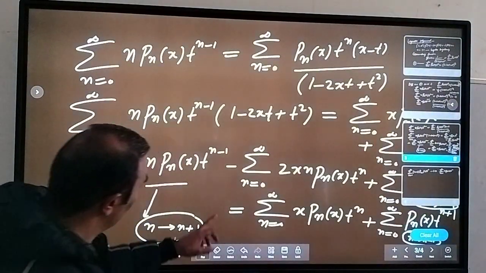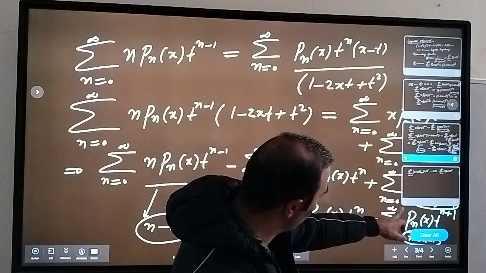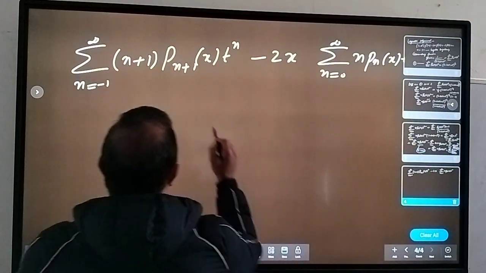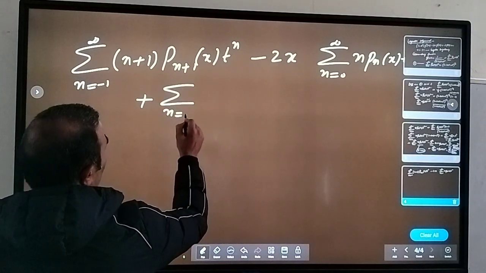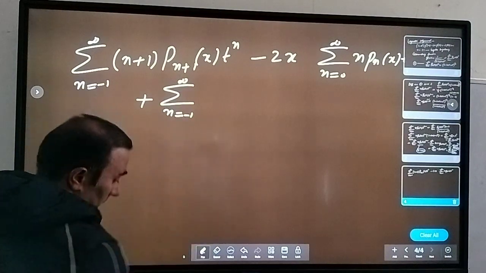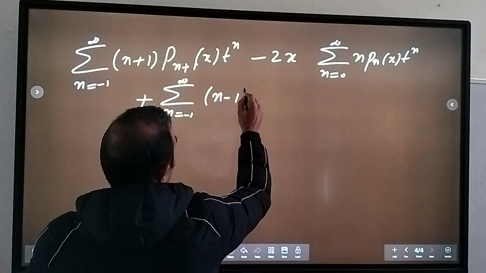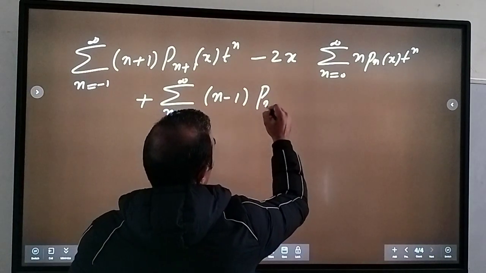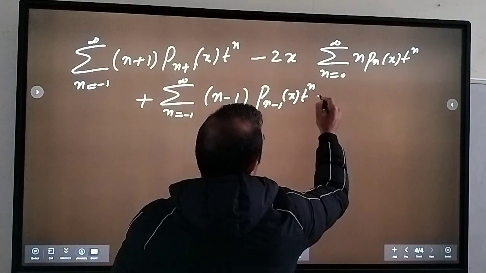Let's have a look at this first term. That is x P_n of x, because it is as it is. Now the next term, we have to shift n to n plus 1, right? So plus the summation where n starts from minus 1 to infinity, and then P of n minus 1.